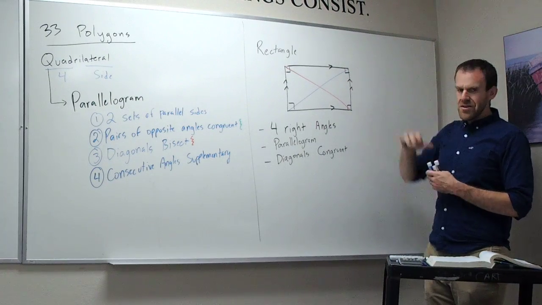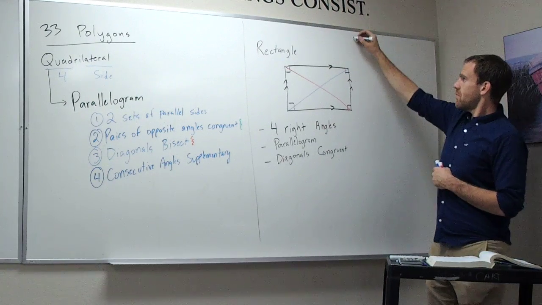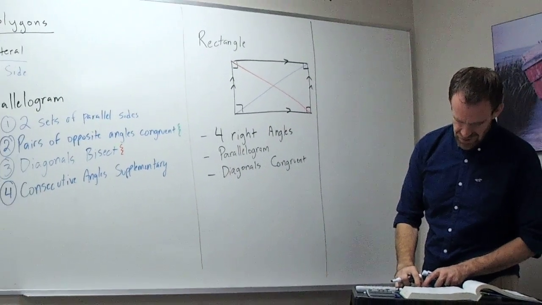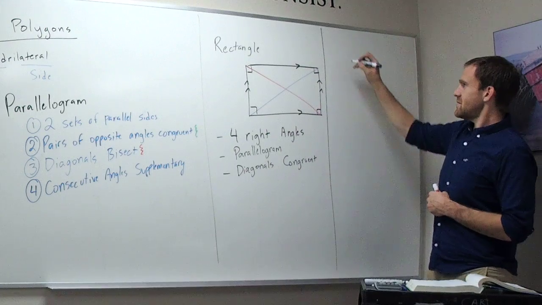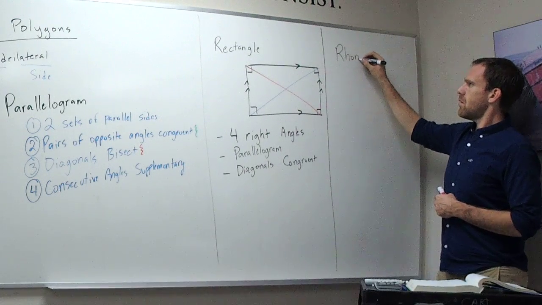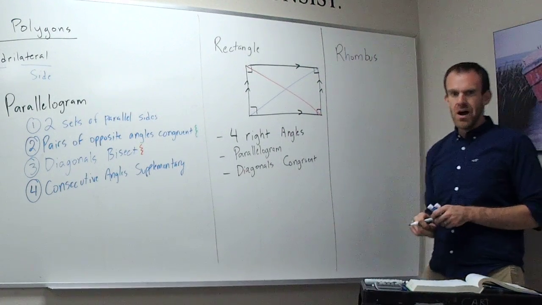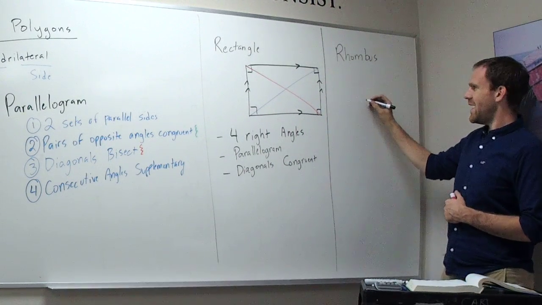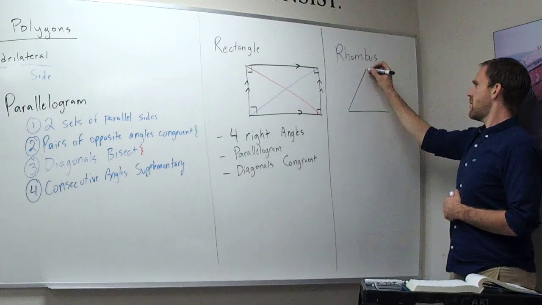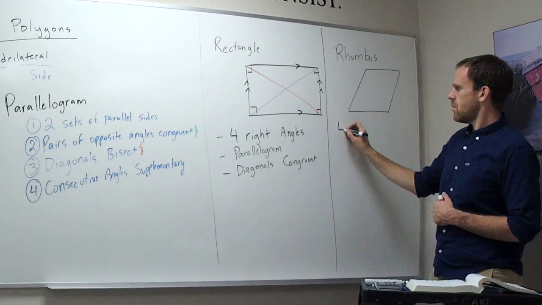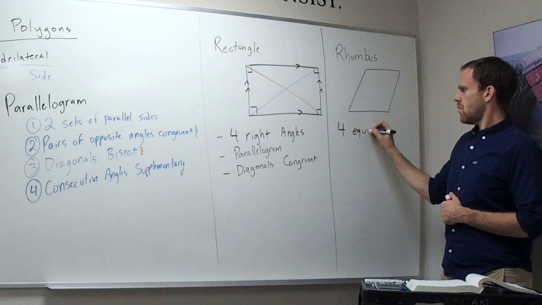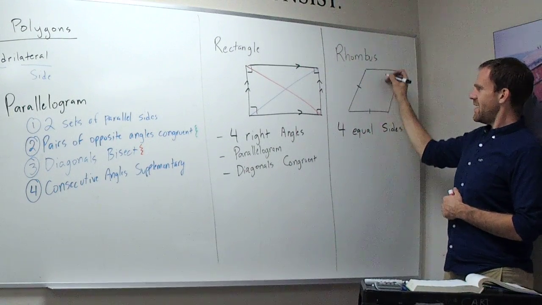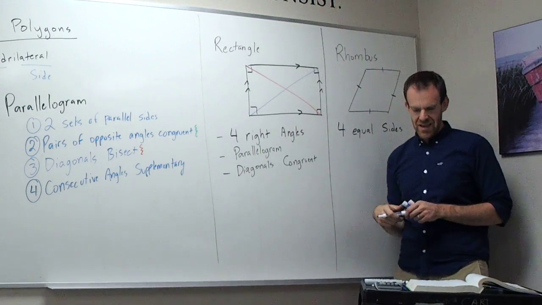Now, another type of parallelogram that we are to learn is the rhombus. The rhombus is special because it is a parallelogram that has all four sides the same length. This side equals that side, equals that side, equals that side in length.